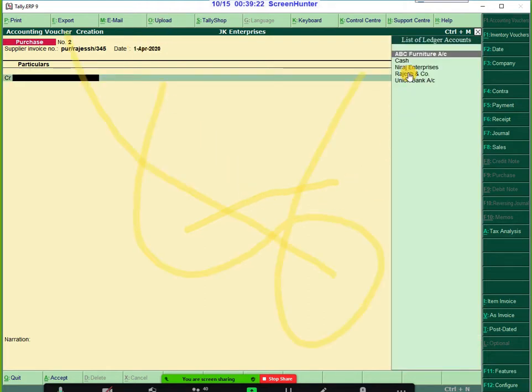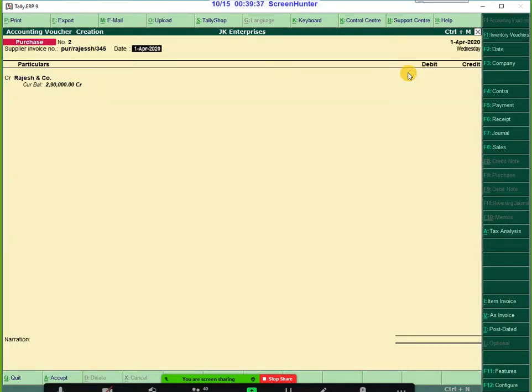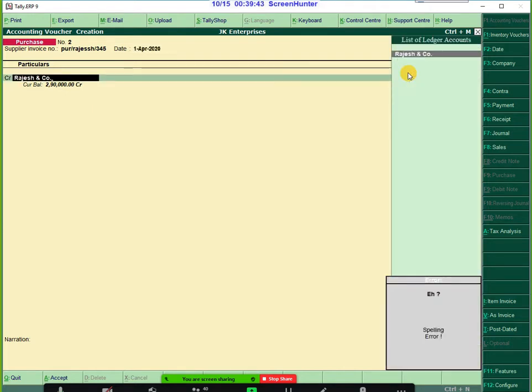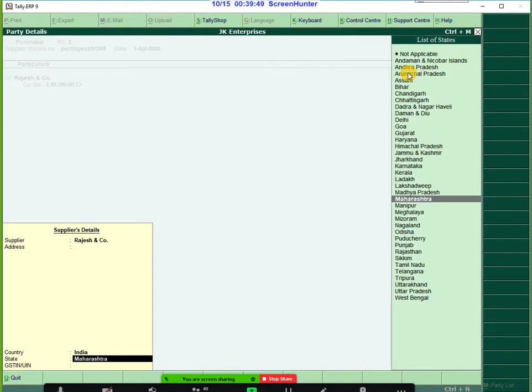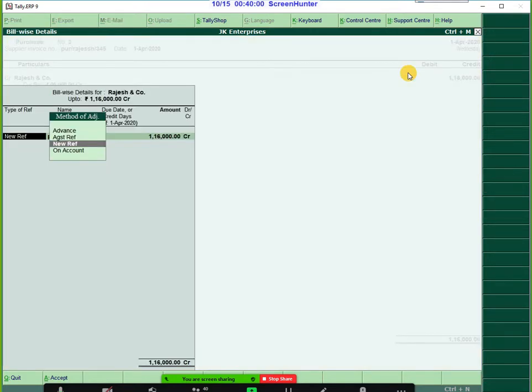Then credit Rajesh and Company account, debit first, credit 1,16,000, enter, enter.